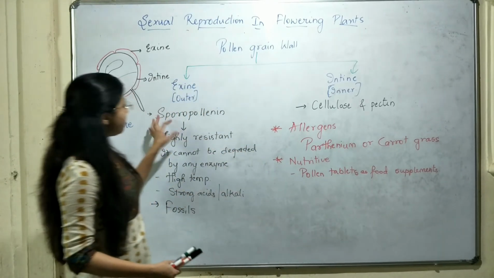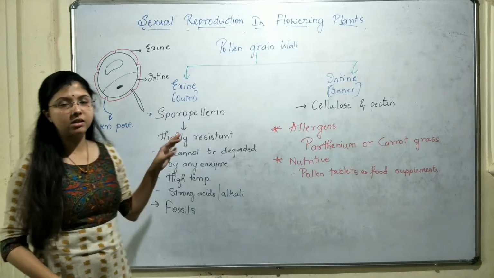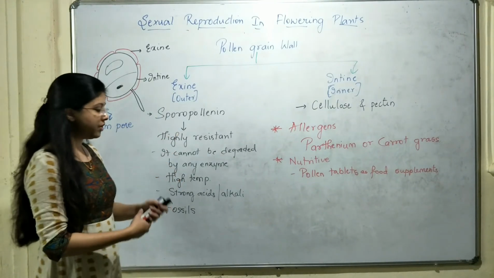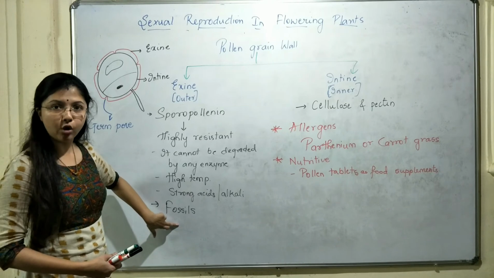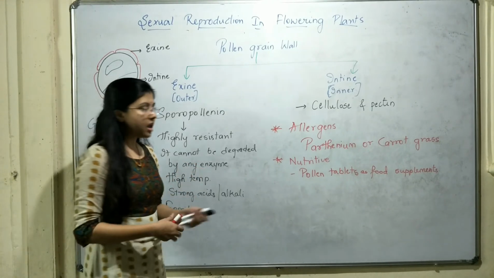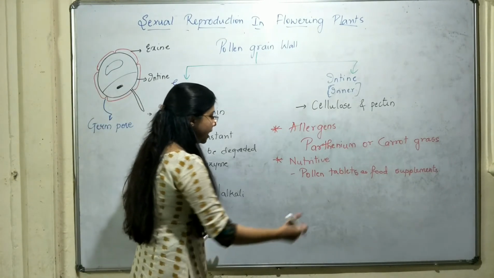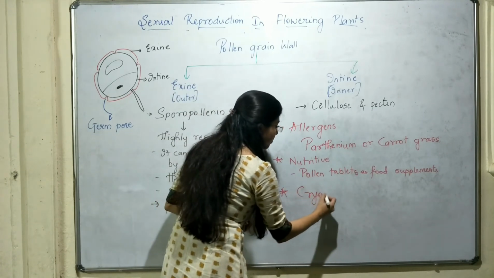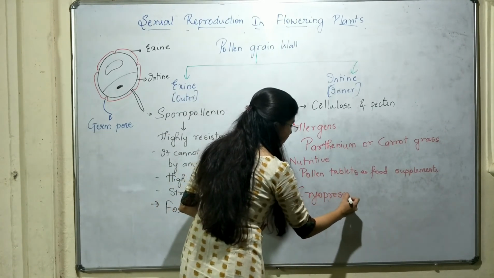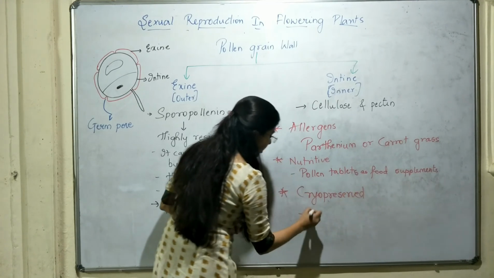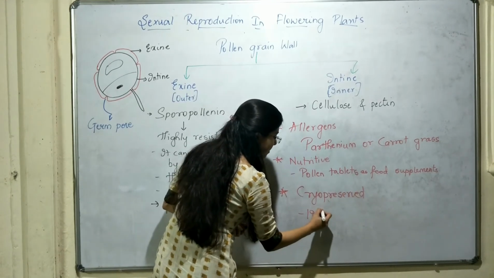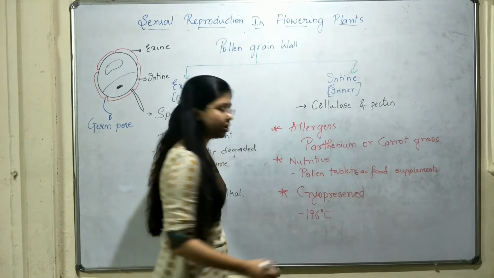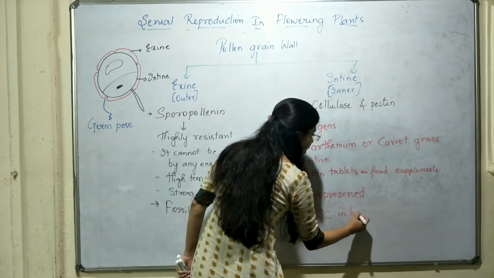Now, when we talk about sporopollenin being a highly resistant structure, we should also know that it can be preserved as fossil. There are different ways that have been developed by scientists wherein the pollens are cryopreserved. Cryopreservation is nothing but storing the pollen grains at minus 196 degrees Celsius in liquid nitrogen.